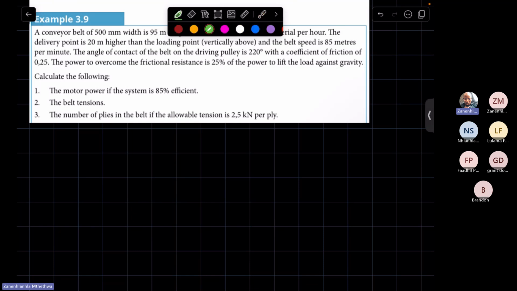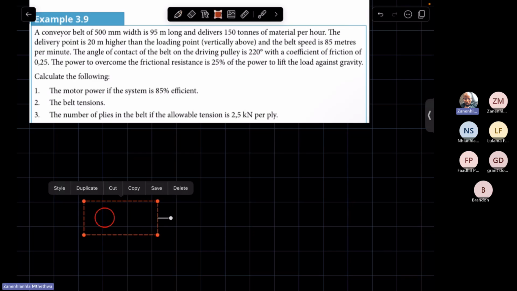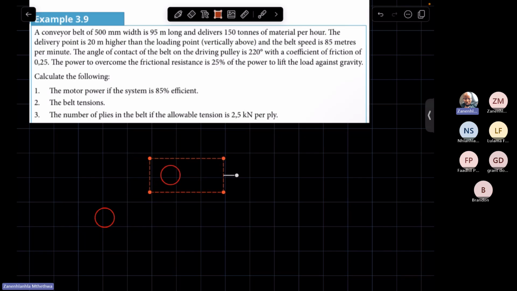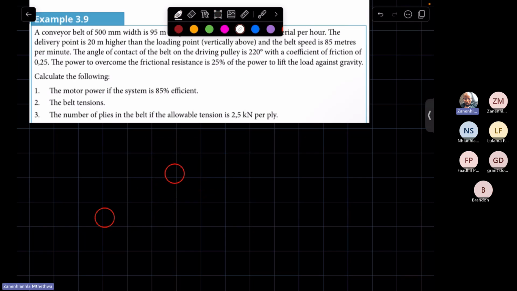So let's say you have two pulleys, connected with a belt.